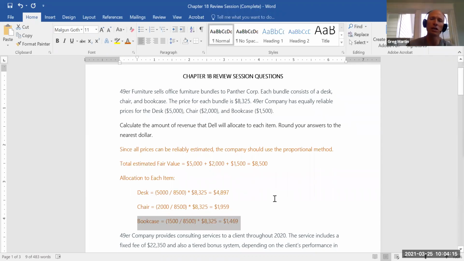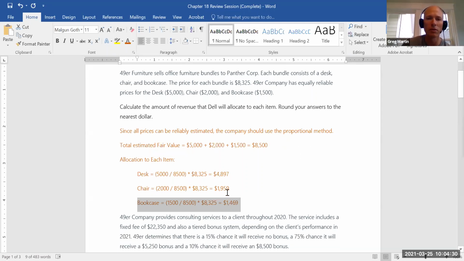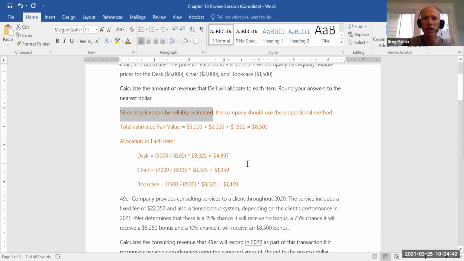Each final allocation is slightly different than our reliable prices, but there's probably some sort of discount for the bundle. So when we allocate, we're going to allocate a slightly lesser amount to each item. Again, this is the proportional method, and we're using that method because all the prices can be reliably estimated. Any questions on that one?